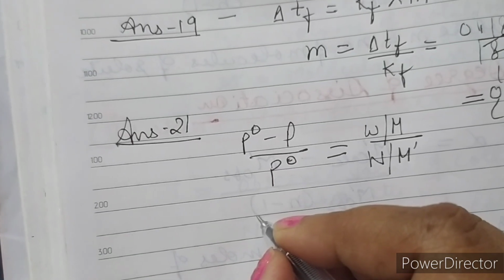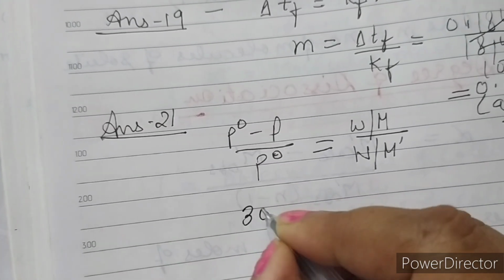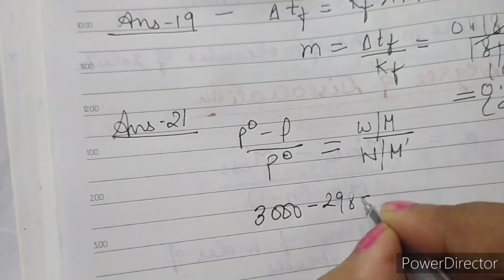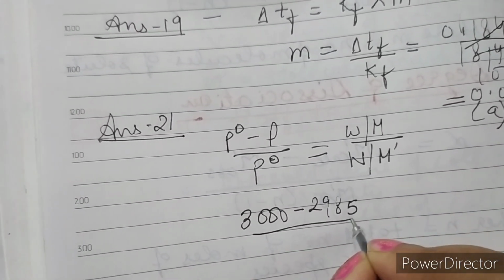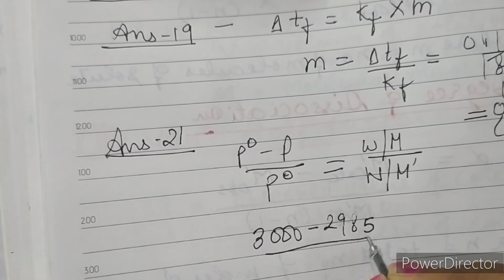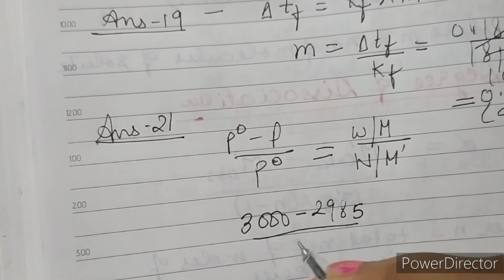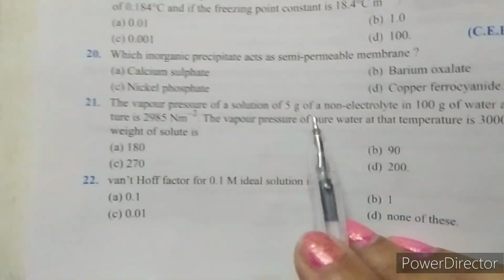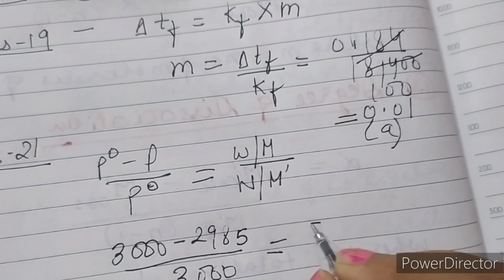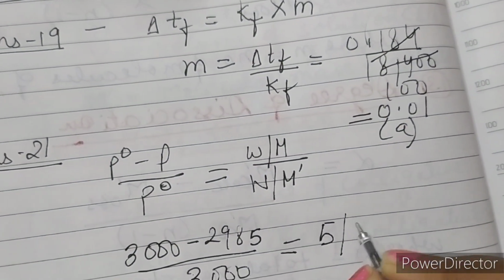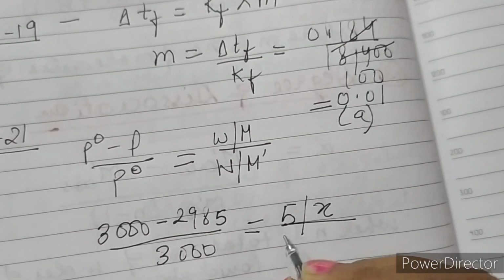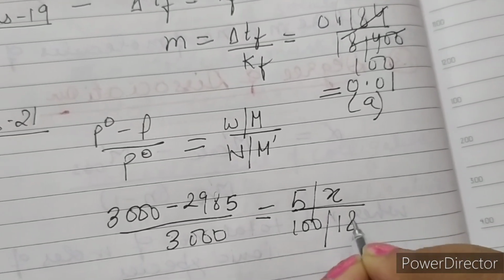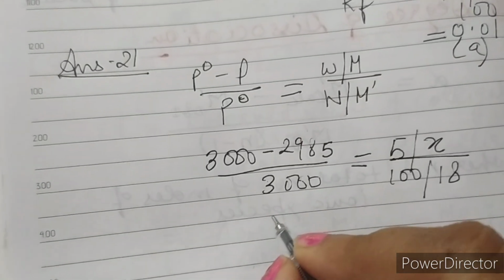Here the vapor pressure of pure water is 3000, minus 2985, the vapor pressure of the solution, and again P naught is 3000. Weight of solute has been given as 5 gram, so here we'll put 5. You have to find the molar mass of the solute, so let it be X. The weight of the water is given 100, divided by water molar mass 18, and let's now solve it.